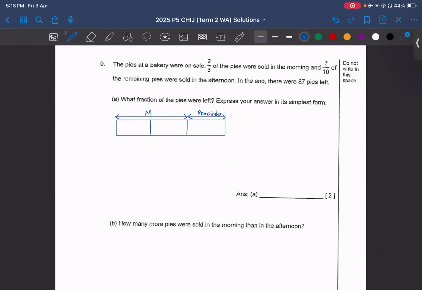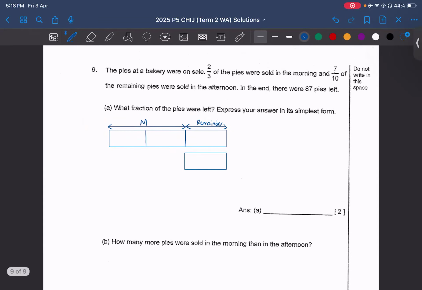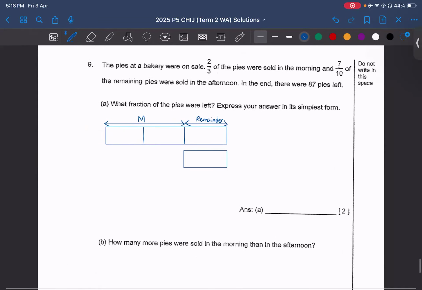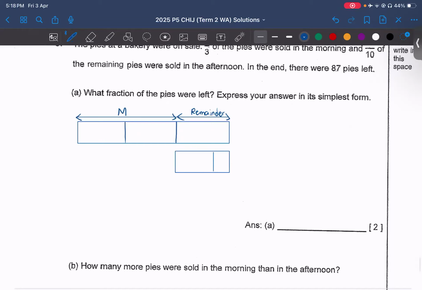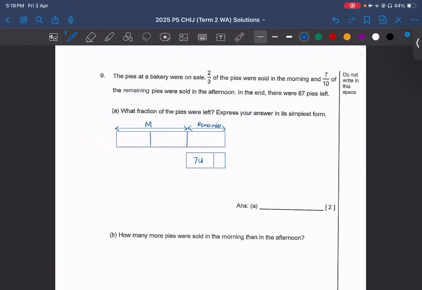Okay, and for the remainder, 7/10 of the remaining pies were sold in the afternoon. So we can redraw our remainder below. For our remainder, we can cut it into 10 units, and 7 units is how much was sold in the afternoon.